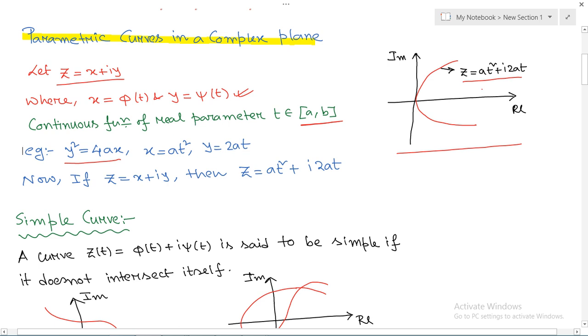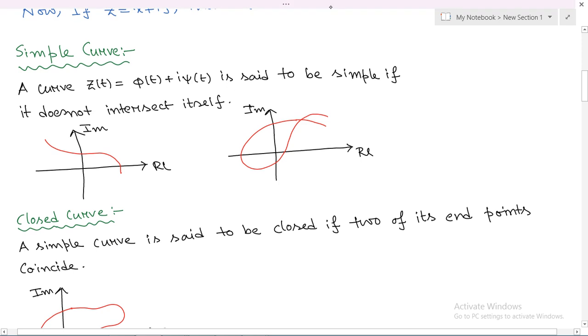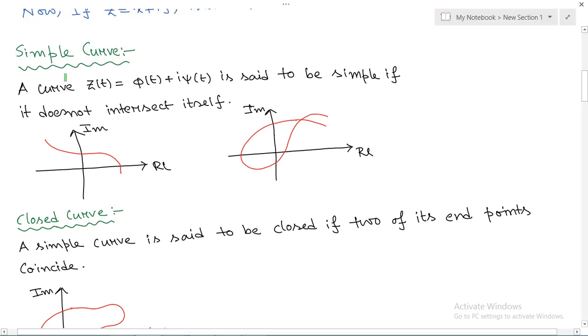Now we are going to discuss some different types of curves in the complex plane. First is the simple curve. What is a simple curve? Suppose we have a parametric form of a curve, z(t) equals phi of t plus i psi of t. This curve is said to be a simple curve if it does not intersect itself.